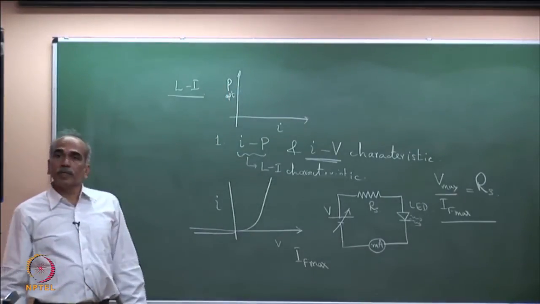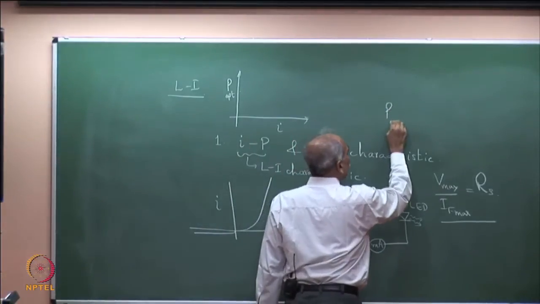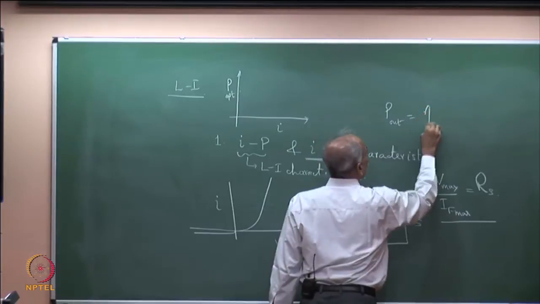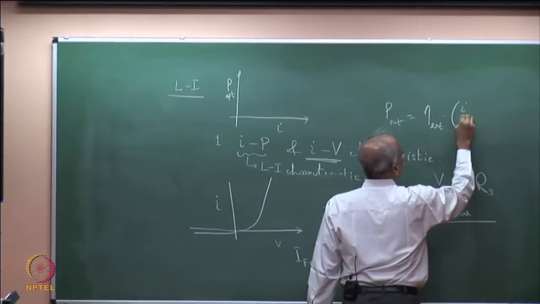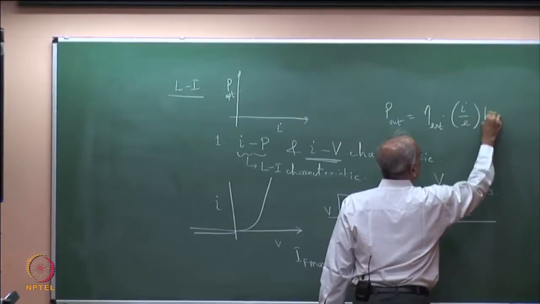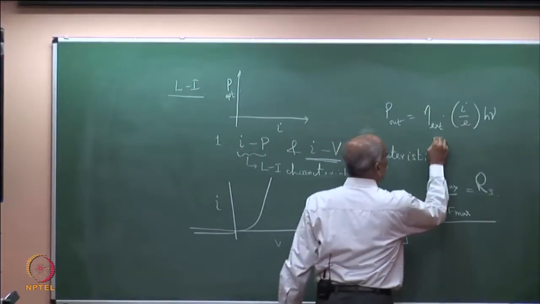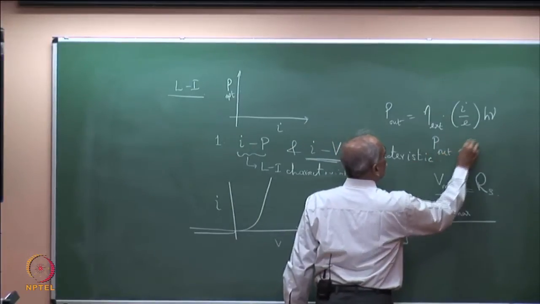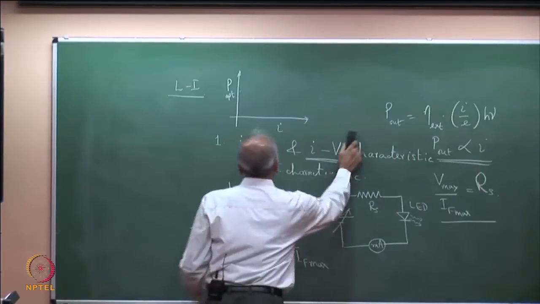We expect a linear curve, because we have already derived the expression that P out is equal to eta, the external quantum efficiency, into I by E into h nu. Therefore, P out is proportional to I. So, we expect a linear characteristic here.